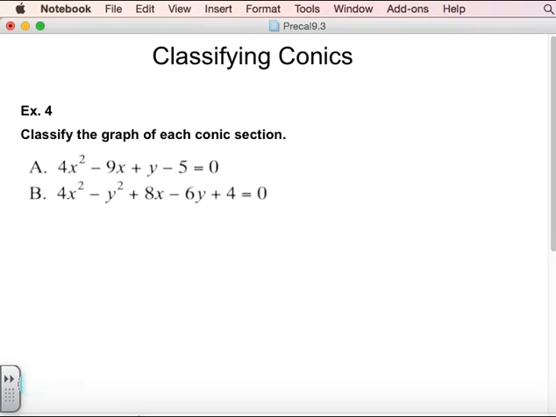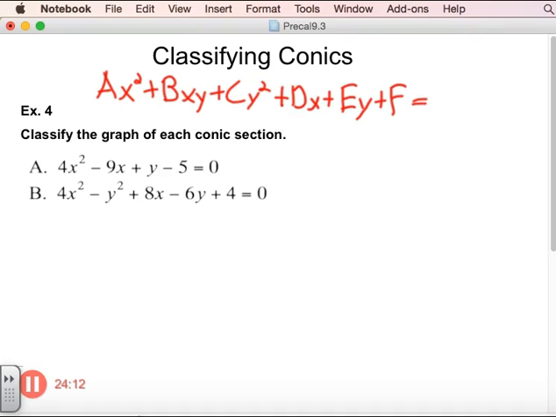And there's a way I'm going to show you to tell me this based off of a little formula that you're actually pretty familiar with, or should be something that you've done in the past. So what you want to do first is realize the general form of a conic: ax squared plus bxy plus cy squared plus dx plus ey plus f equals 0.